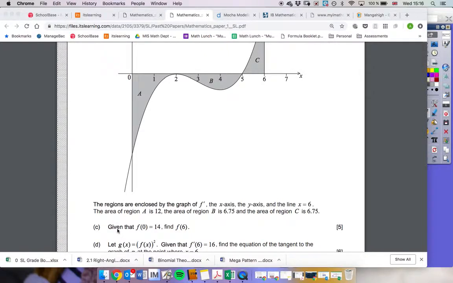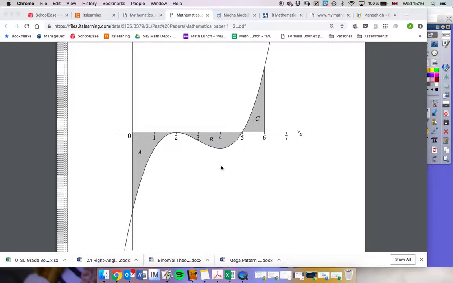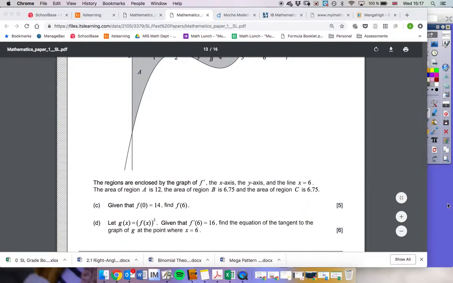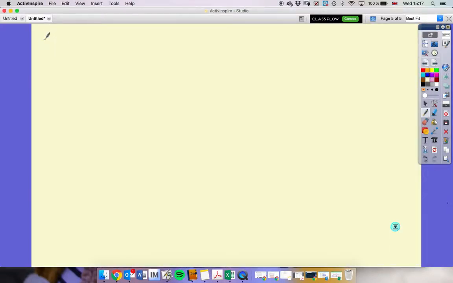So we have been given the areas of A, B and C. We've also been given the value of f of 0, and we've been asked to find f of 6. Now, we haven't been given these areas for no reason. This is going to help us answer this problem. And we can find the total area, the integral from 0 to 6, and use the fundamental theorem of calculus for that.